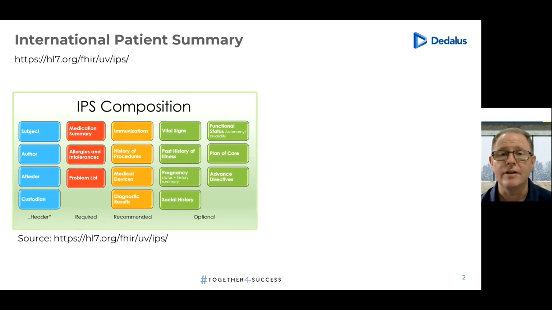Advanced care directives or advanced directives form a part of this as well. So sharing that a particular patient may have a directive in place that you want to share between two organisations or two distinct geographies is really important to form part of the International Patient Summary.